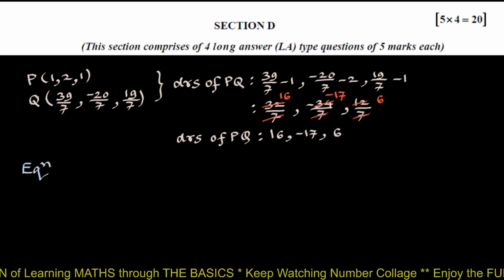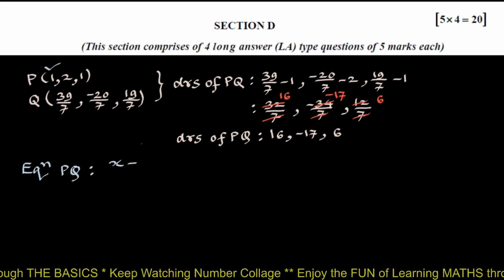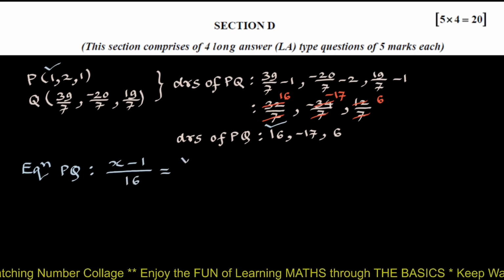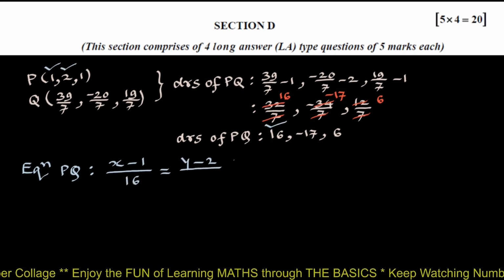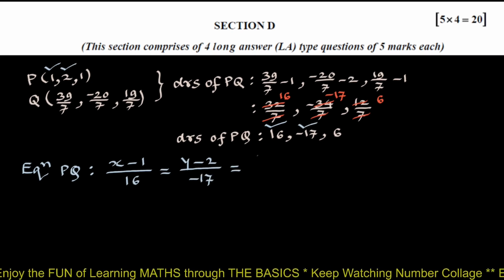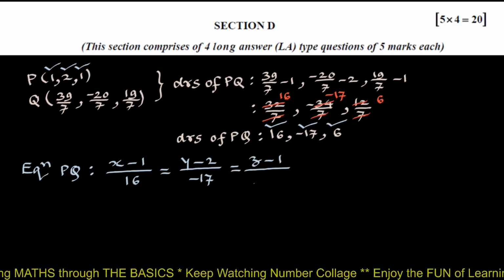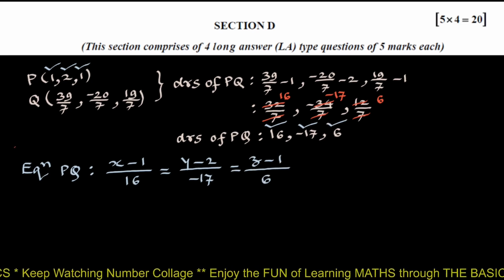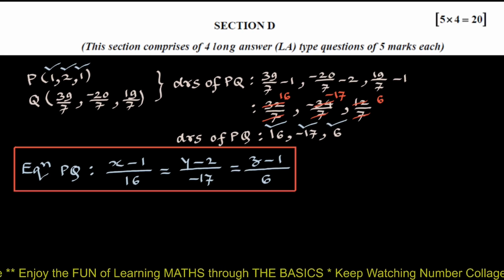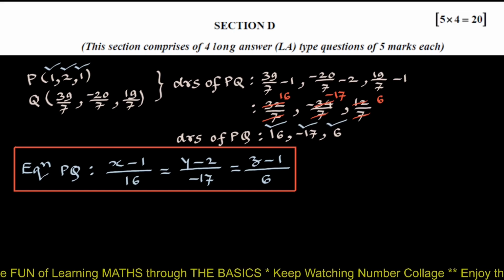Now the equation of line PQ will be x minus this 1 upon this direction ratio 16 equals y minus this 2 upon this direction ratio minus 17 equals z minus this 1 upon this direction ratio. So this is the required equation of PQ, and the coordinates of the image of point P in AB, which is Q.